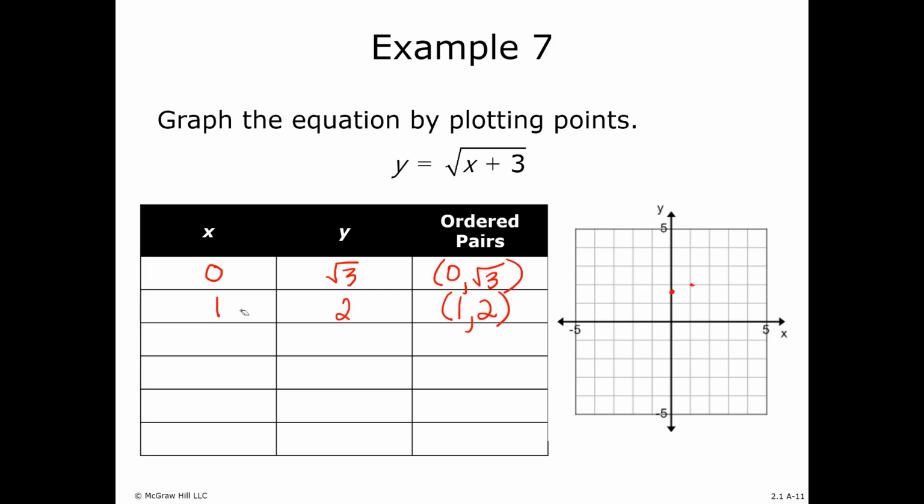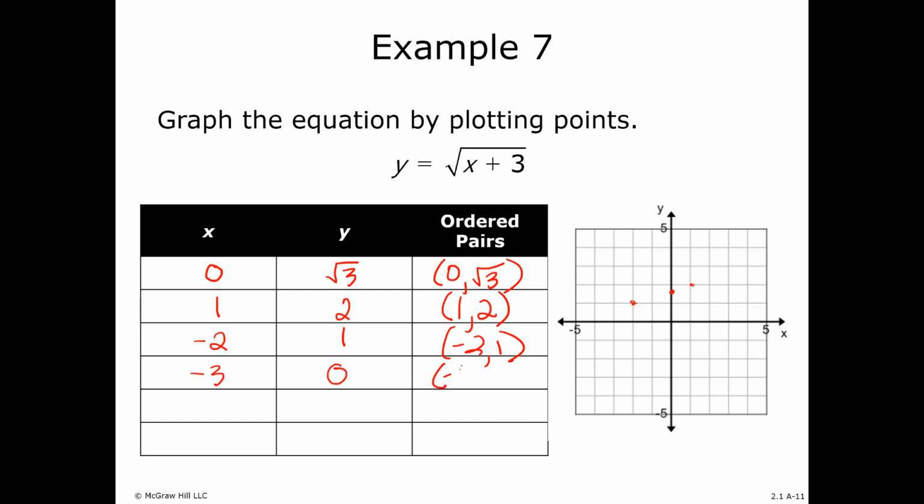Sometimes it's a good idea to choose values that give you a perfect square in this case. So I would go ahead and use -2. So that would give me the square root of -2 plus 3, which is square root of 1. That'd be 1. So -2, 1 is on this graph right here. And now if you try -3, of course, you're going to get the square root of 0, which is 0.